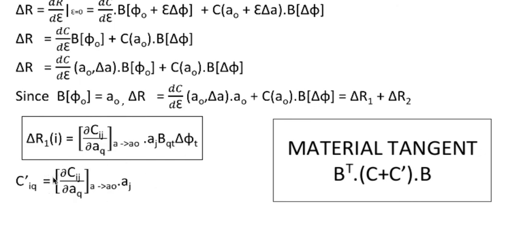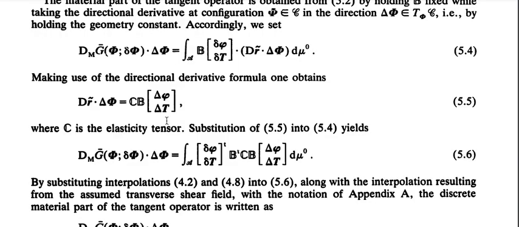Okay, and this A naught is actually this AJ, and this will go inside. So this is written over here. So that will get added up within C dash, and what we get is C dash B delta phi. So this was C B delta phi and this is C dash B delta phi.